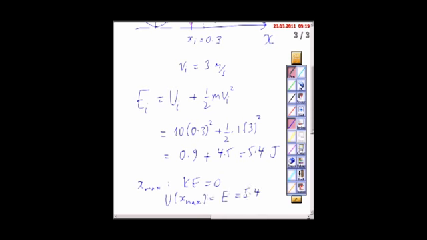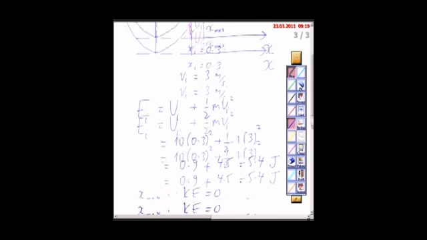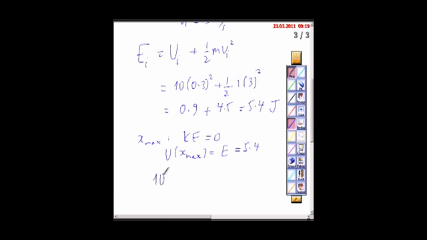Okay? So now you can figure out 10 times x max squared. Why? Because that is the potential energy in this problem. Potential energy is something times x squared in this problem. So at that point, the total energy of 5.4 joules is entirely potential energy. At such a point, the thing will turn around. Okay?